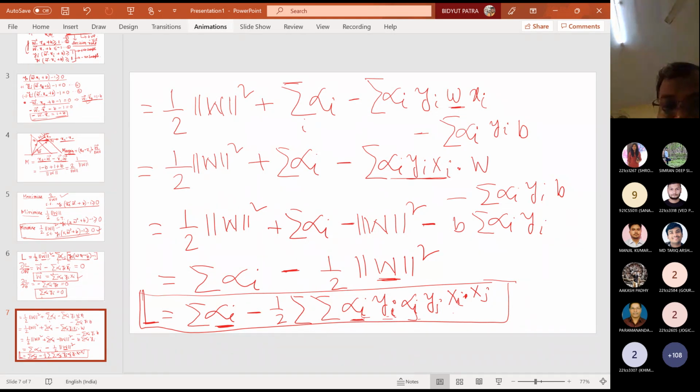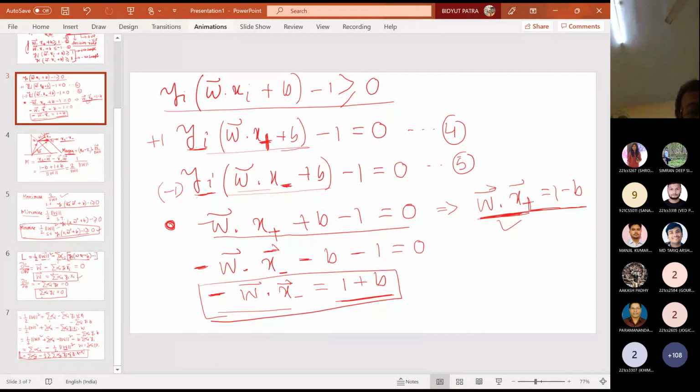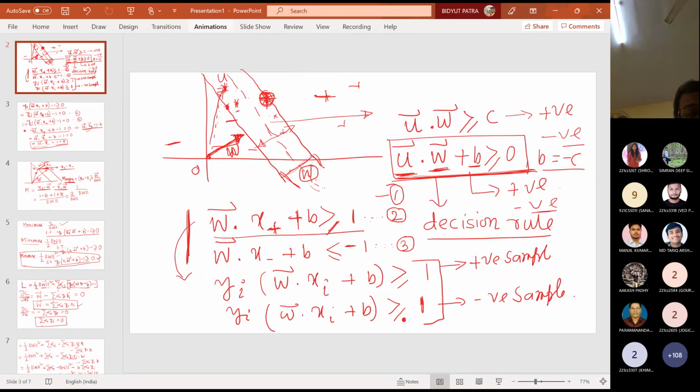Okay. Another way we can do it is, we got the W. What is W? W is summation over alpha I yi xi. In the decision boundary equation we had W, right?